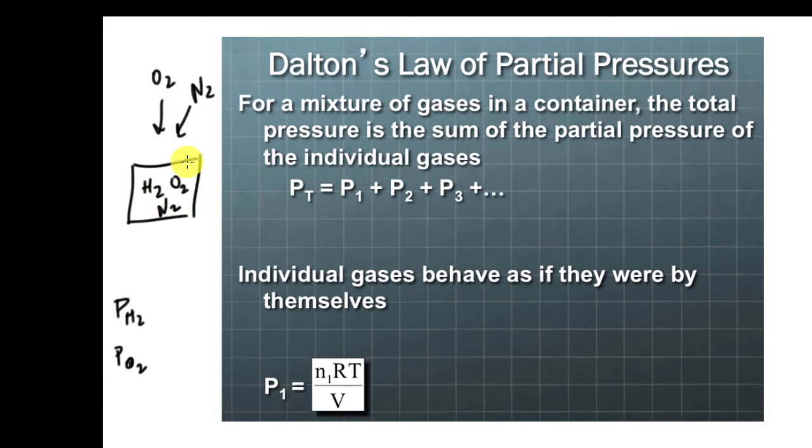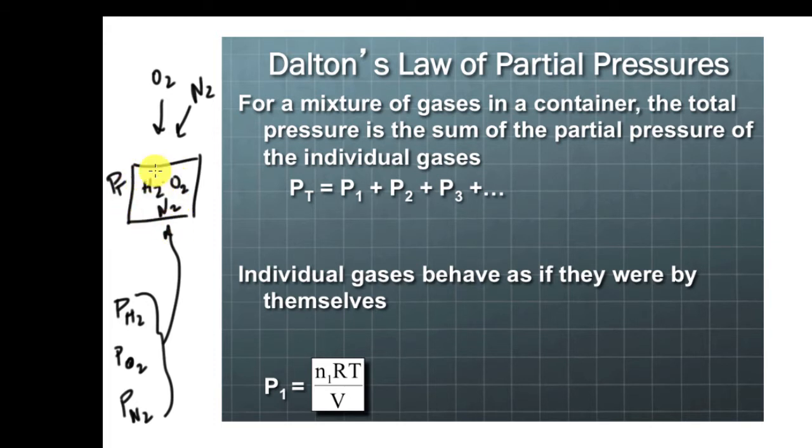There's going to be a mixture, so we're talking about the partial pressure, the portion of the pressure that the hydrogen is contributing, and the partial pressure of the nitrogen. And he found that if you add all three of these together, you get the same total pressure that's inside our overall container. So the idea is that these individual gases don't really recognize the other gases.